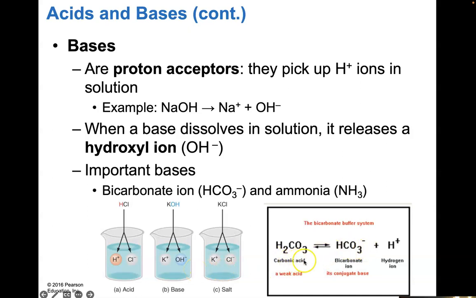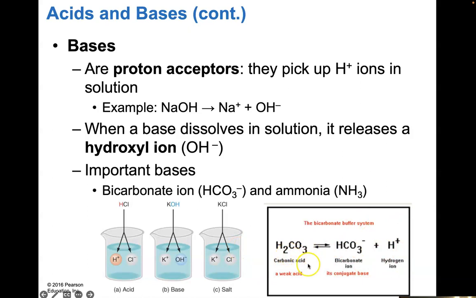And so I just put this as your bicarbonate buffer system because you're going to see it's pretty cool. This whole system in your blood is designed to have a weak acid and then break down into a base and then the hydrogen ion. And when we get to blood chemistry, we'll talk about this being this kind of awesome buffer system in your blood, okay?